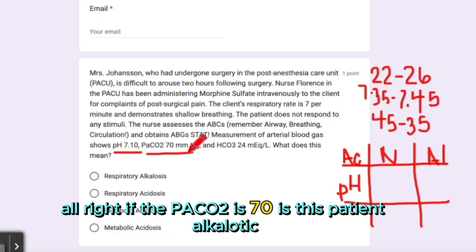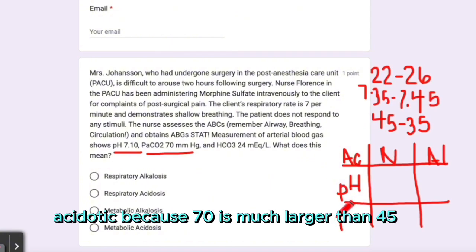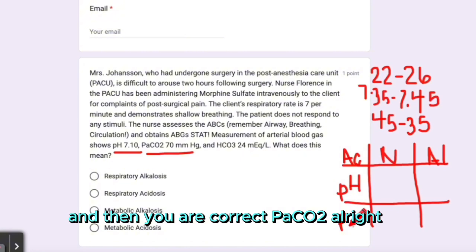If the PaCO2 is 70, is this patient alkalotic, normal, or acidotic? Well, if you said acidotic, because 70 is much larger than 45 and therefore puts this patient on the acidotic side, then you are correct. PaCO2.